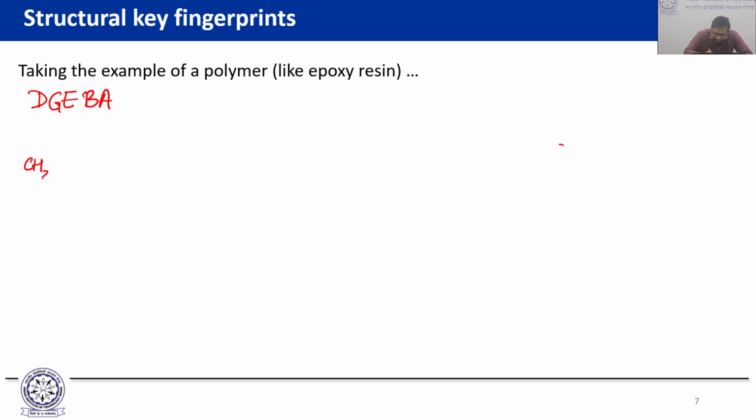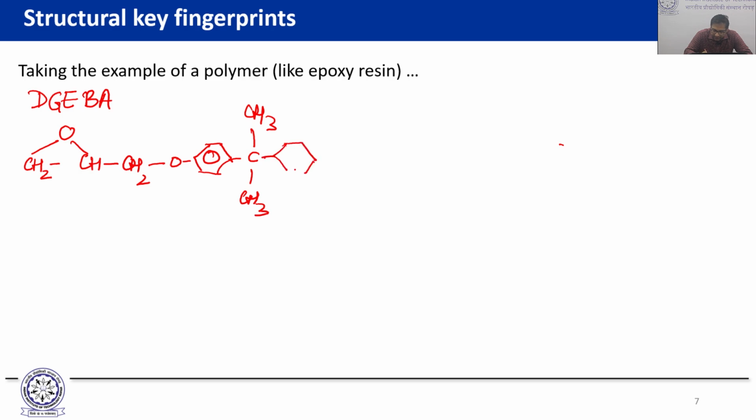I've got a CH2, CH, CH2, and then I've got oxygen bonded over here, another oxygen, and then I have this aromatic ring, a carbon which has got two methyl groups added to it, and then this molecule is basically getting repeated, or mirrored, I should say. So the rest of the structure will look something like this, and I have to add the oxygen over here.